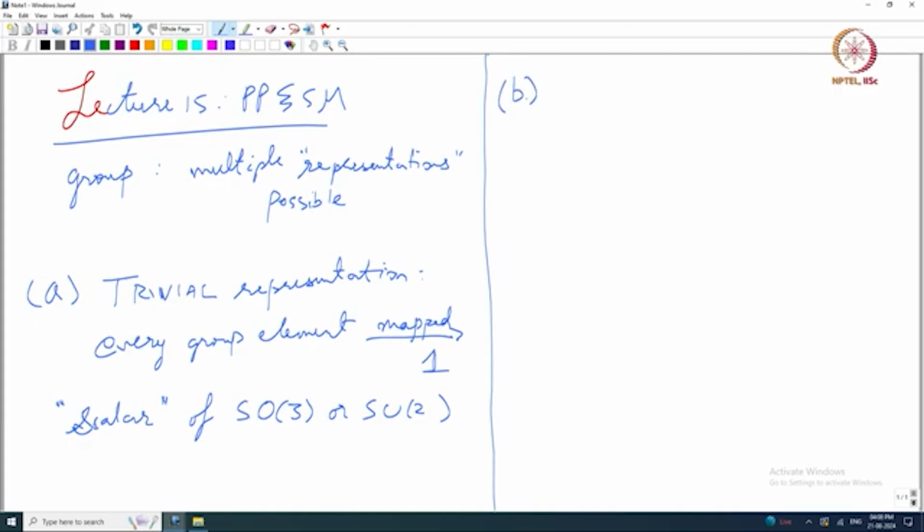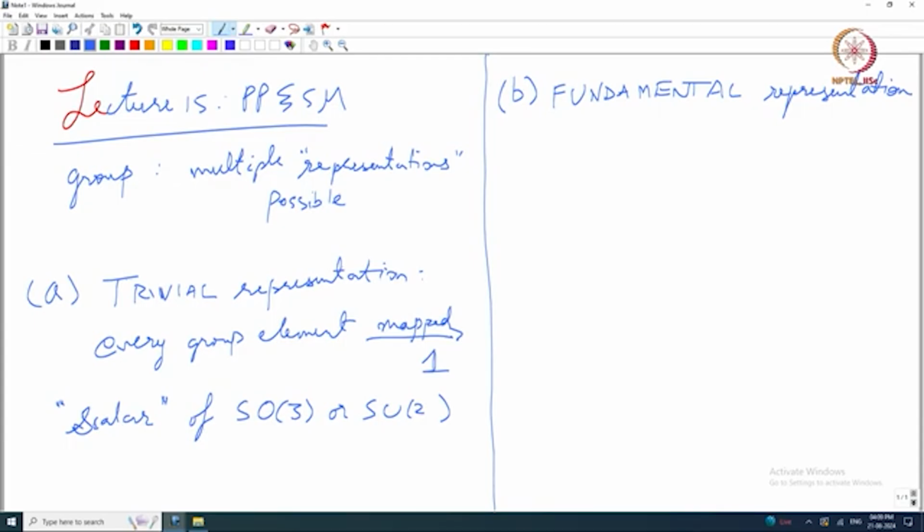The next, not so hard to understand, representation is the fundamental representation. Now I would say this is by far the most important representation of a group. This is what we see again and again in nature, in particle states and so on, in the standard model especially.